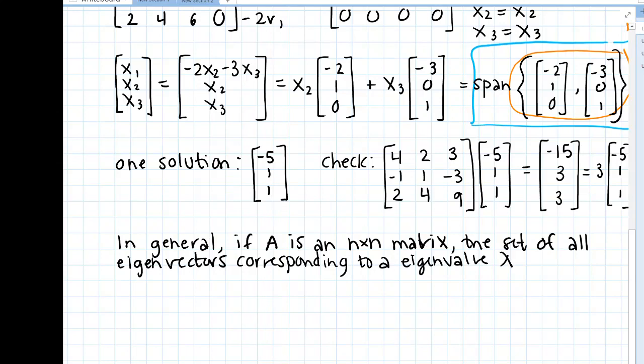So the set of all eigenvectors corresponding to an eigenvalue lambda is always going to be a subspace of Rn, and it's called an eigenspace.